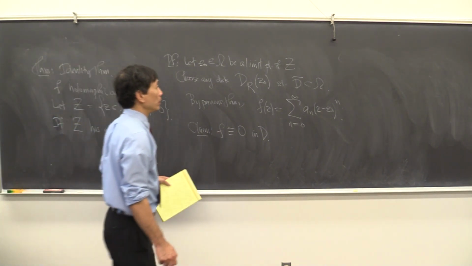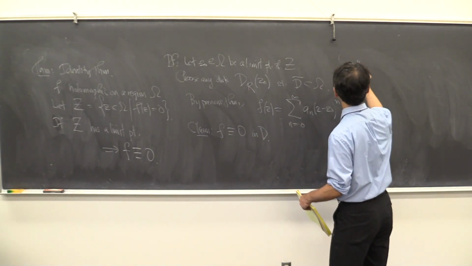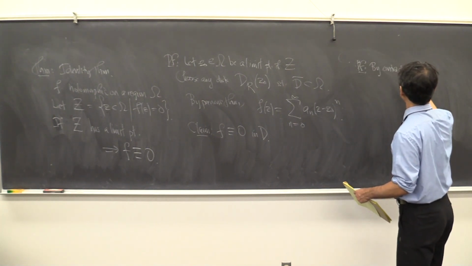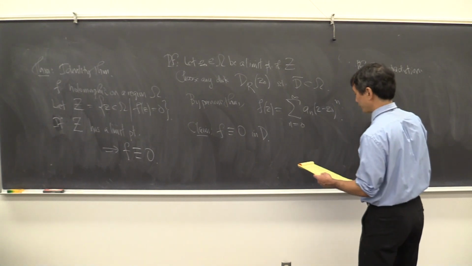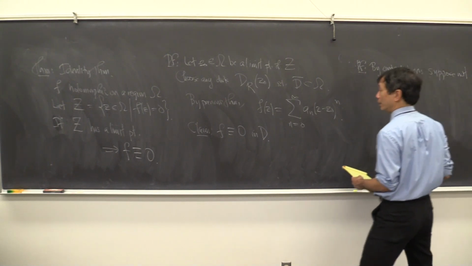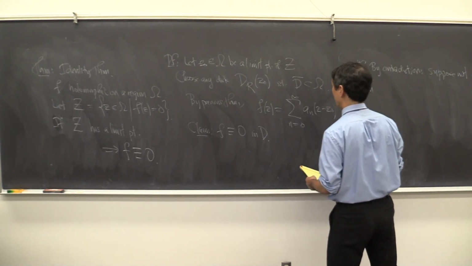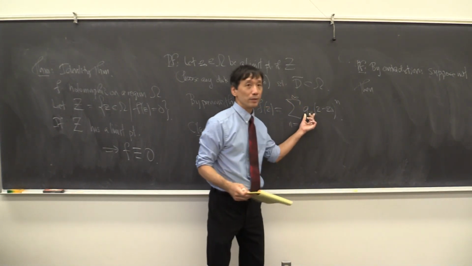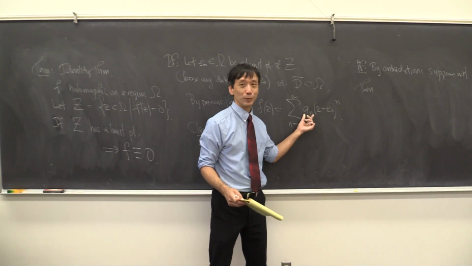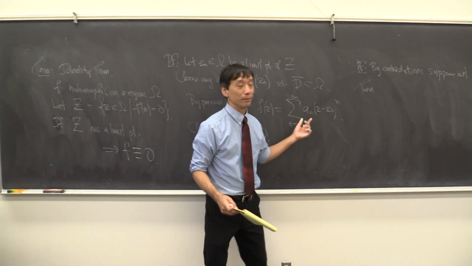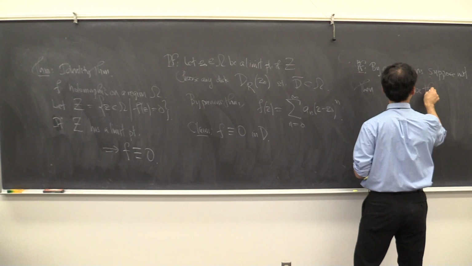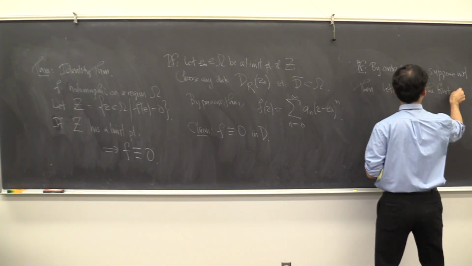The proof is by contradiction. Suppose not. Then we know that one of these coefficients has to be non-zero. So take the first one, and let a sub m be the first non-zero coefficient.